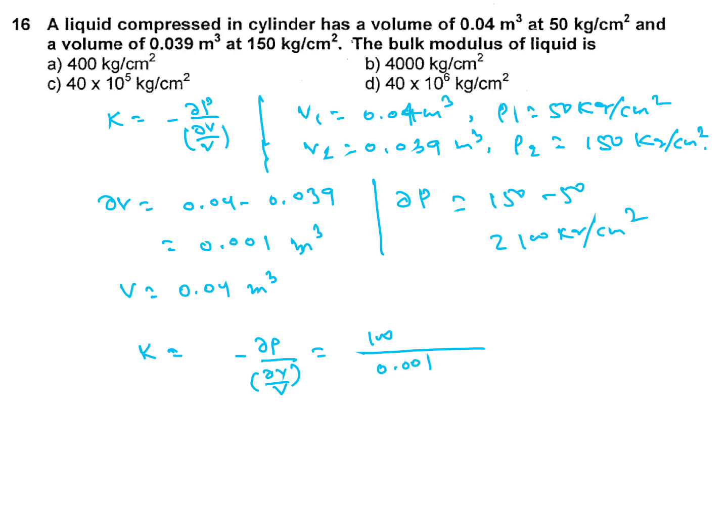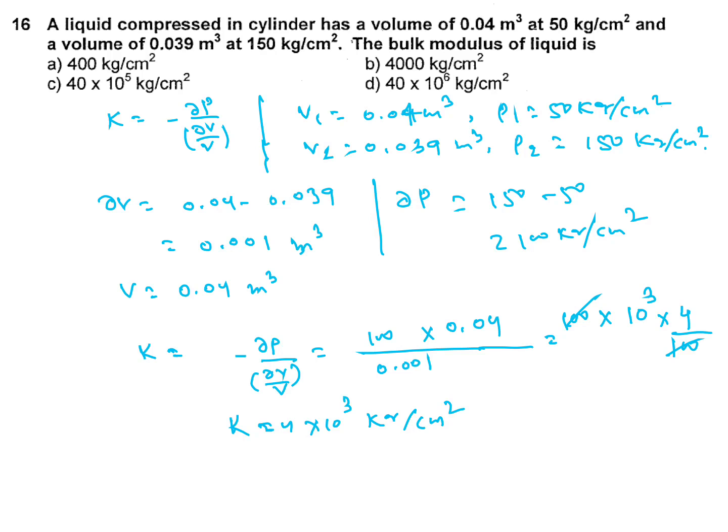So 100 into 1 by 10 to the power 3, into 4 by 100. 100 cancel. K equal to 4 into 10 to the power 3, unit is kg per centimeter square. It's 4000 kg per centimeter square. B is our answer.